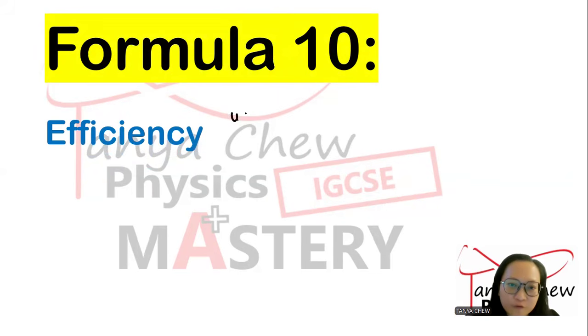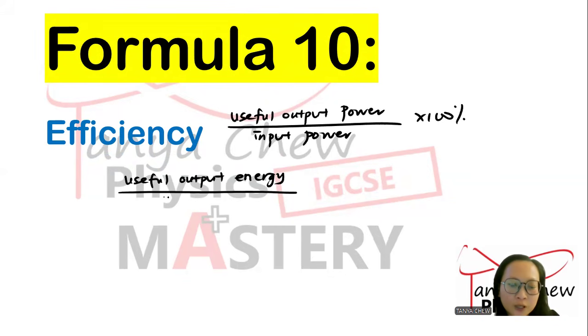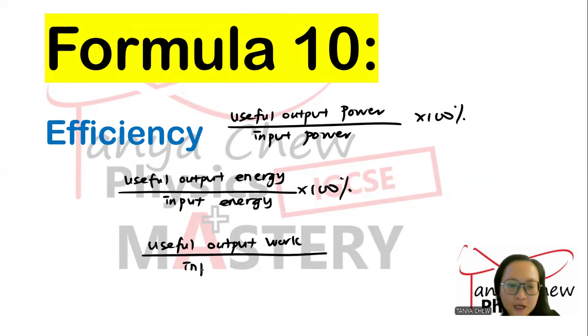One is useful output power over input power times 100%, or useful output energy over input energy times 100%, or useful output work divided by input work multiplied by 100%.